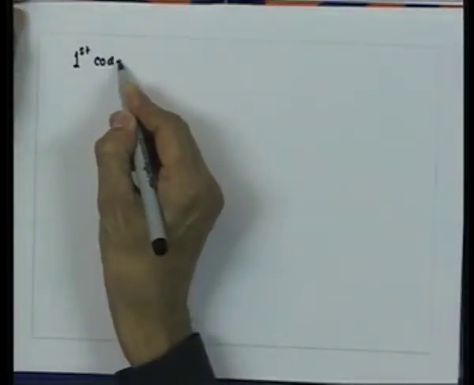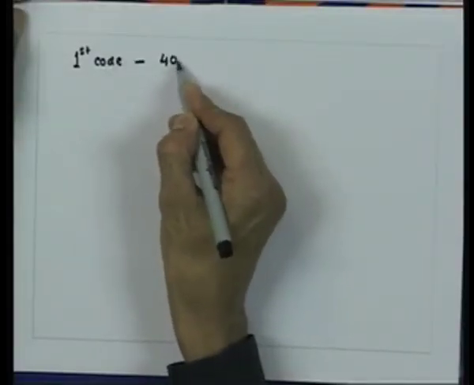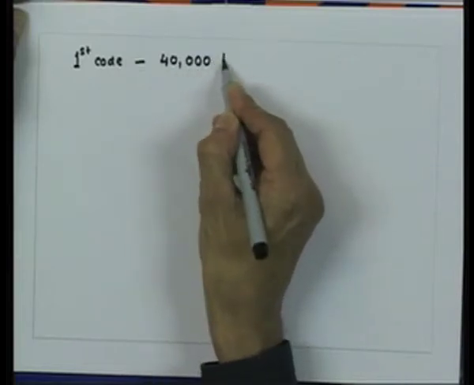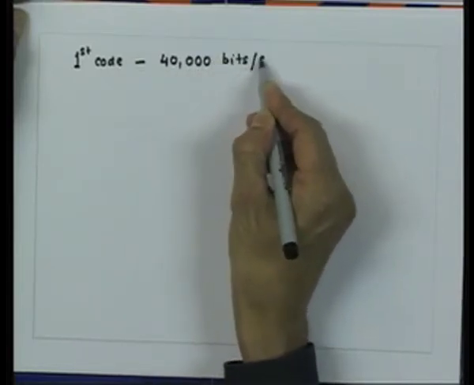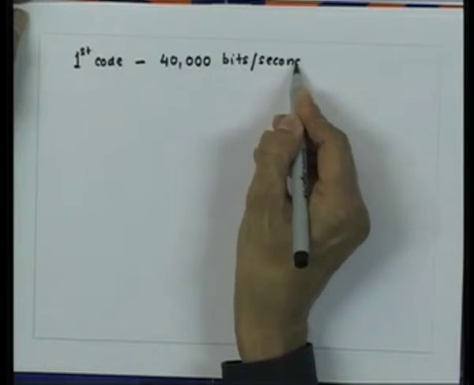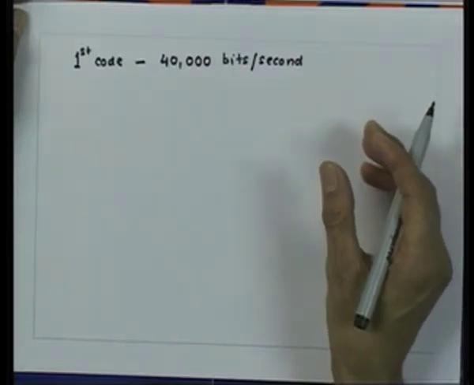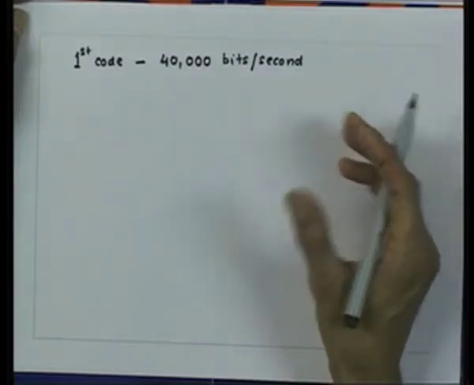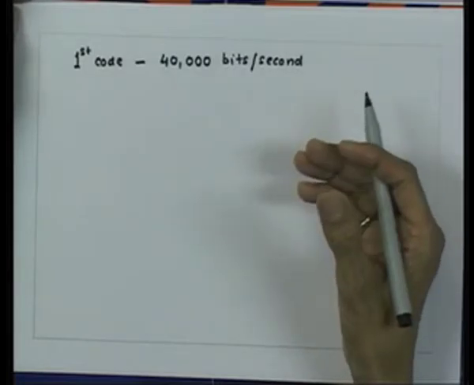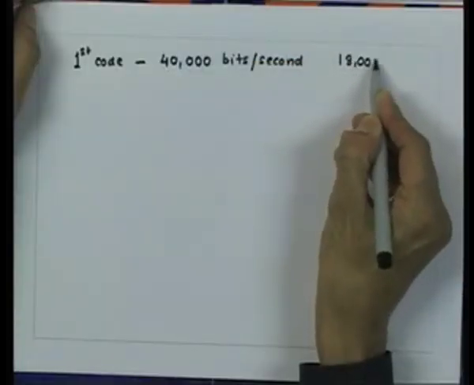my first code would generate 40,000 bits per second, because the code word length for both S4 and S5 was 4 in the first code, and we are generating symbols at a rate of 10,000 symbols per second. The channel is expecting 22,000 bits per second, so the buffer has to store 18,000 bits per second.